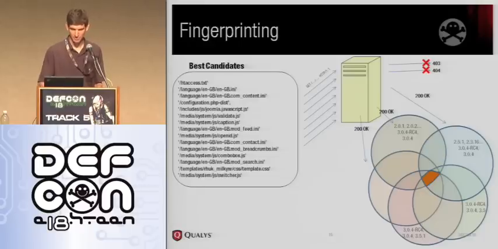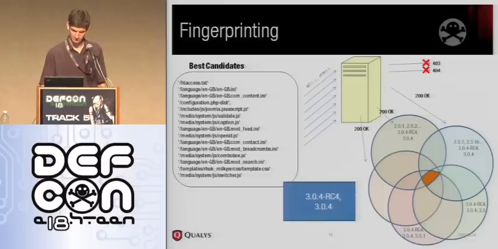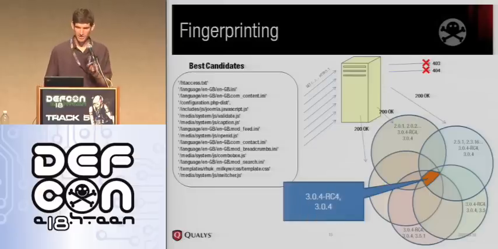Here the first file we got back said, based on the results, it could be version 2.0.1, 2.0.2, 3.0.4, RC4, some set of possibilities. The next one gives a different set of possibilities, and so on. They can return a fairly large set of possibilities, but we don't care about that. The only thing that we care about is the intersection.